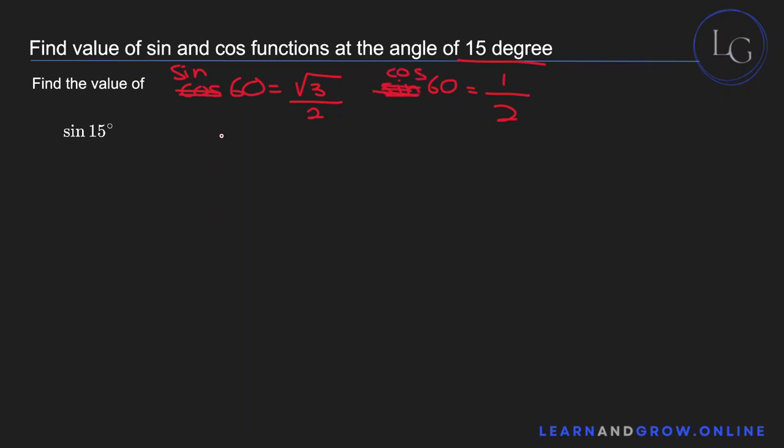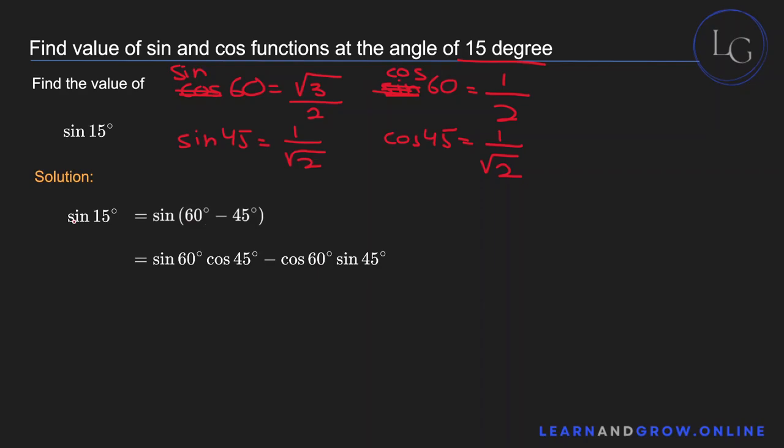Okay, we know these two, and we know that sine 45 is equal to 1 by under root 2, and we know that cos 45 is also equal to 1 by under root 2. Okay, you can draw the triangles for them and verify them, but we just know these because, well, in my country, that's just the standard practice to know these values. You can just draw the triangle and figure them out.